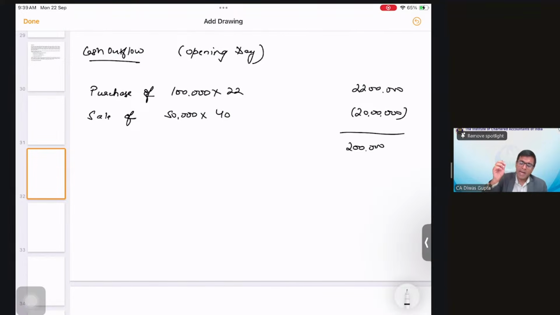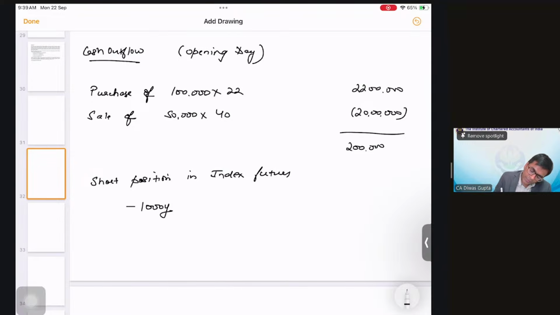Okay. And apart from that, there is a short position in index futures that we have taken, minus 1000Y. So let's take it as is, minus 1000Y.